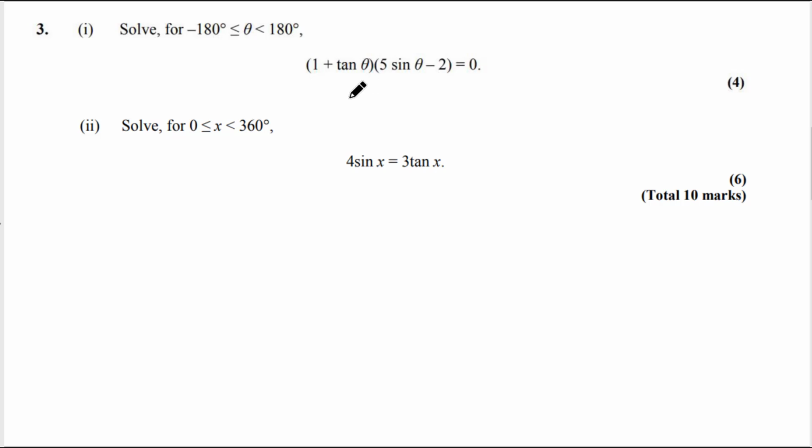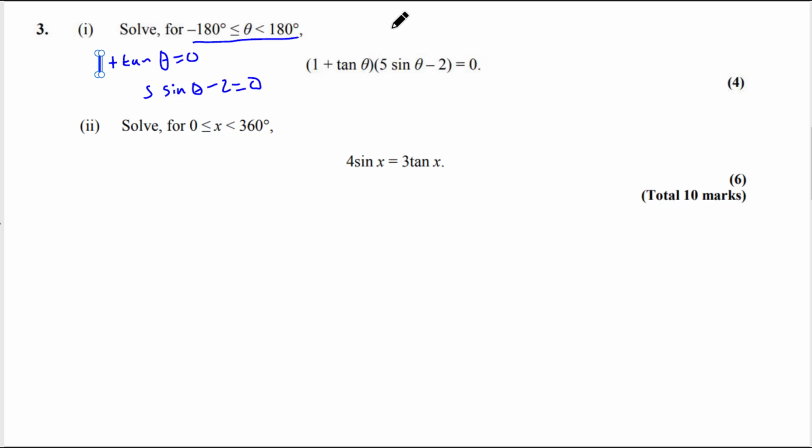Now let's look at question 3. They've already given us 1 plus tan theta and 5 sine theta minus 2 equals 0. So all we need to solve for is when 1 plus tan theta equals 0 and 5 sine theta minus 2 equals 0 in this range.